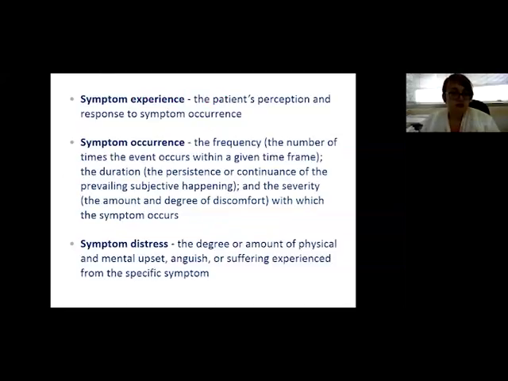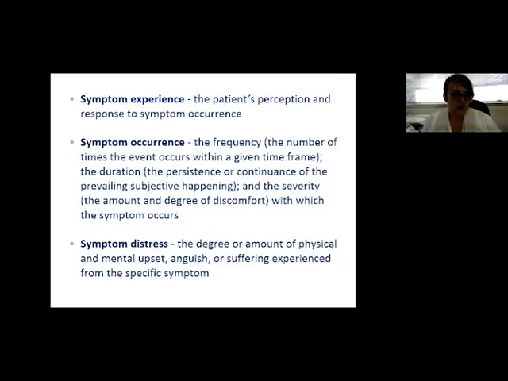So in the area of symptoms, we often use the term symptom experience, and this is the patient's perception and response to symptoms as they occur. And symptom occurrence then is the frequency, the number of times the event occurs within a given time frame.